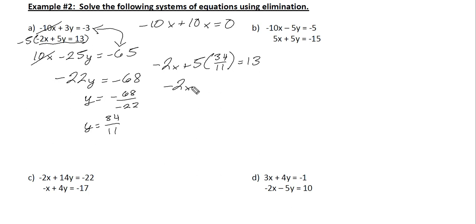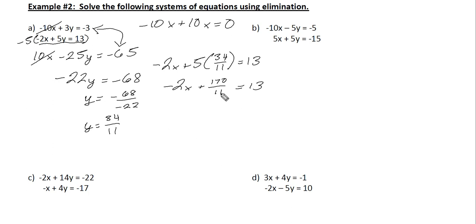We'll have to distribute that 5, or multiply 5 times 34. If we do that, we get 170. Now we're going to have to subtract 170 over 11 from 13. The easiest way to do so would be to figure out how many 11ths is 13.